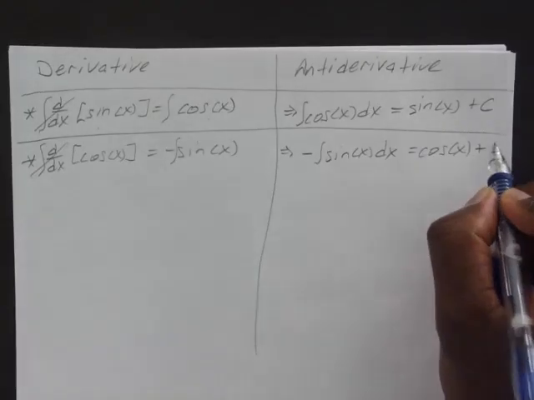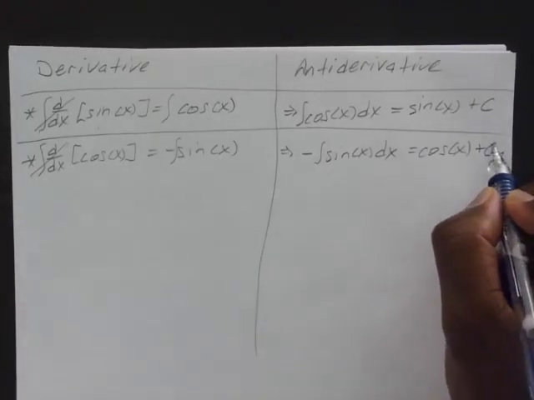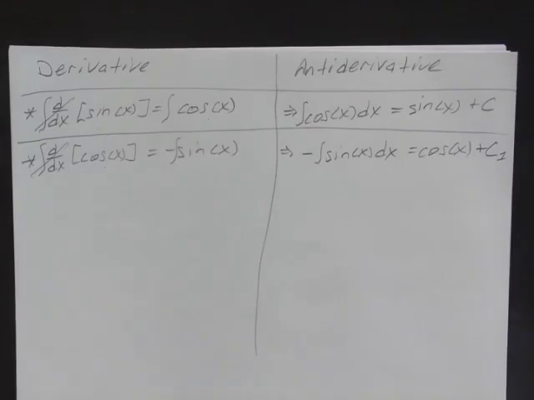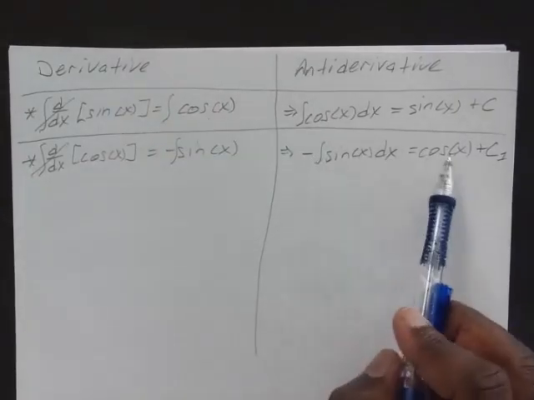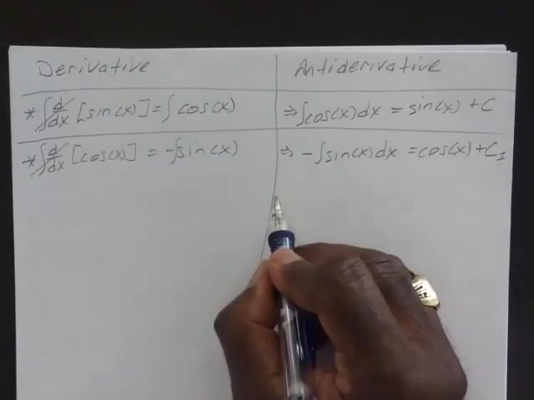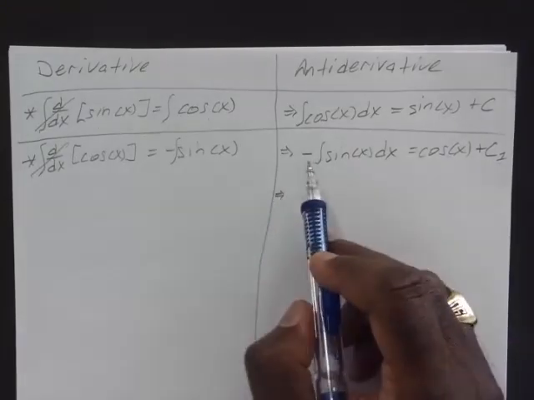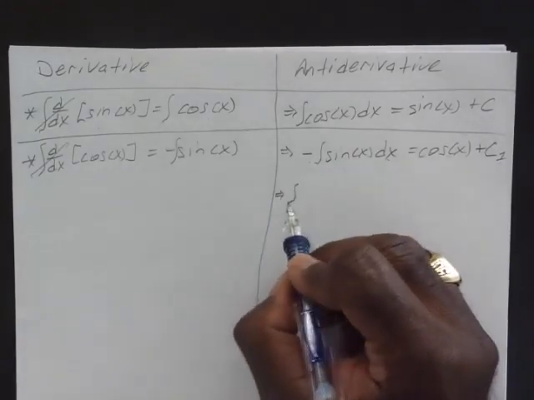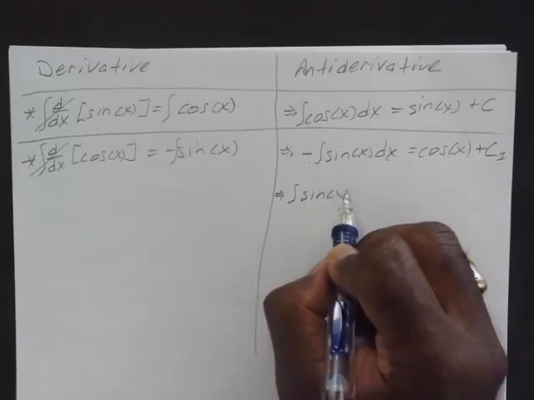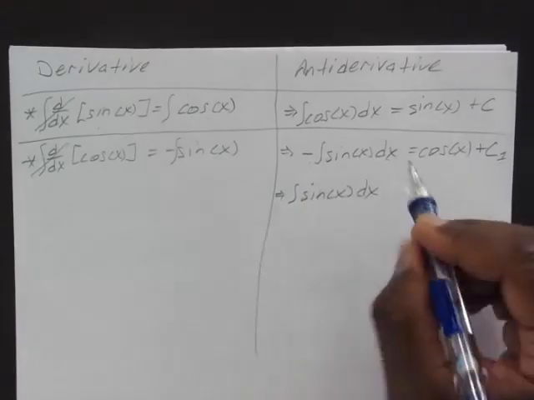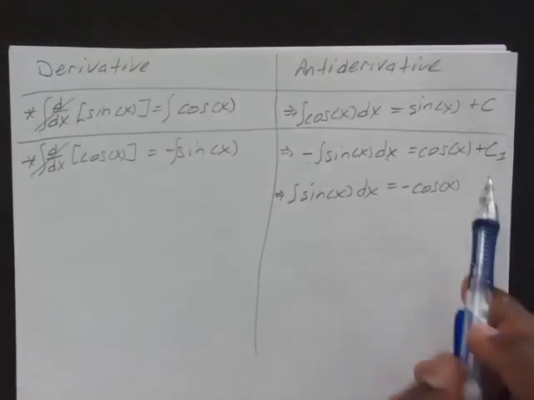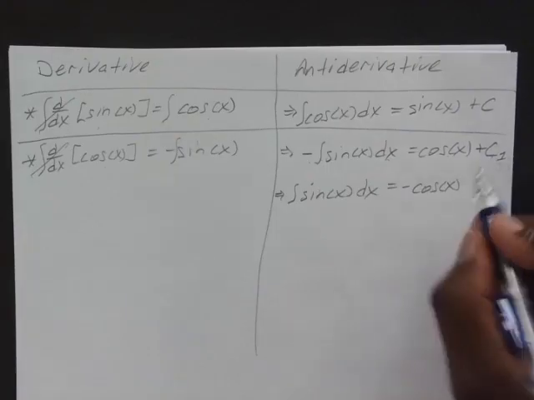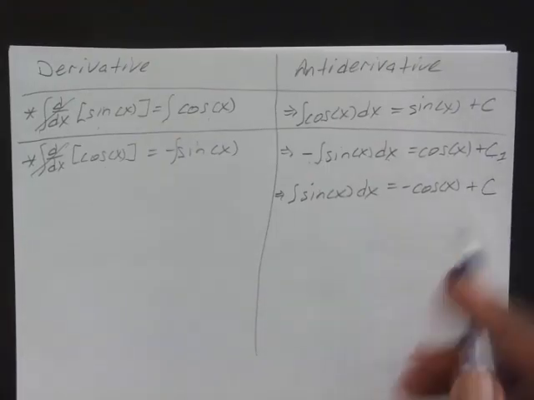And instead of plus c, we'll say plus constant. We'll call it constant number 1. Only because now we're going to multiply each term by negative 1. So if we multiply the left side by negative 1, that just gives us the antiderivative of sine of x with respect to x is equal to negative cosine of x. And we multiply this constant by negative 1, that'll just give us another constant, so we'll just call that c.